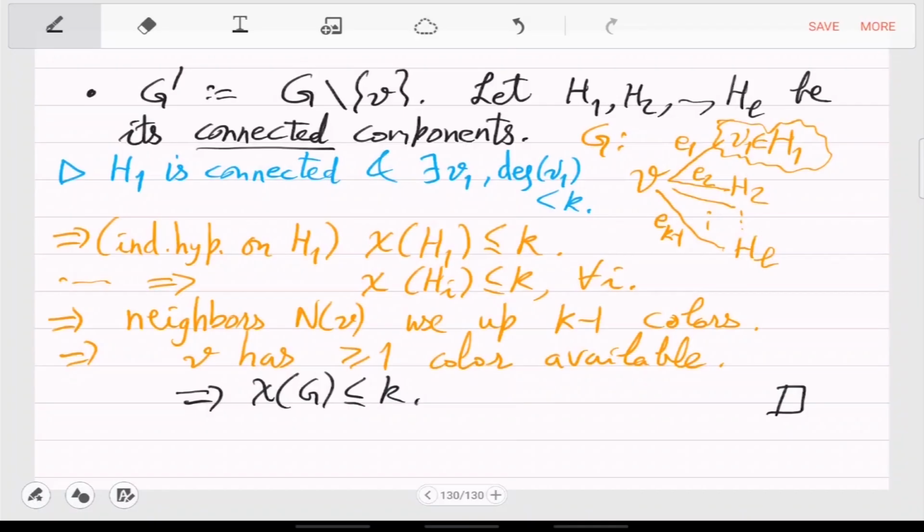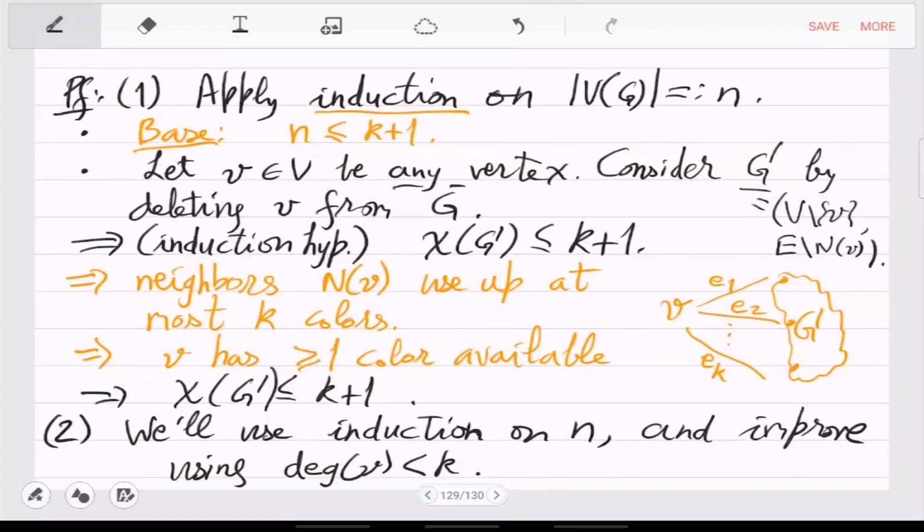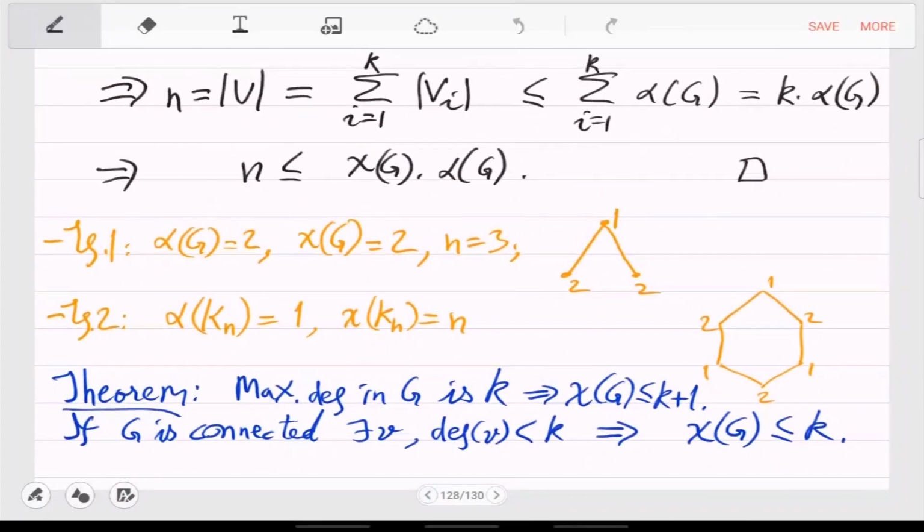Any questions? Right, so that is great. Now you have a good relationship between degree and chromatic number. So degree k basically means chromatic number k or less.